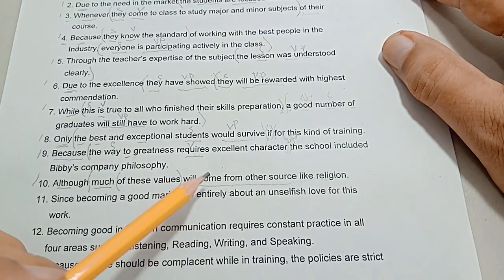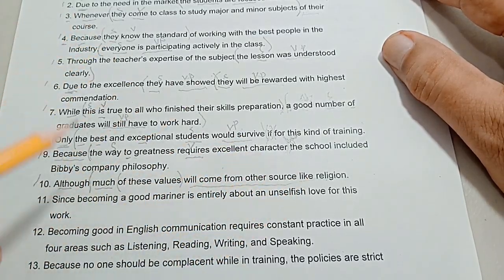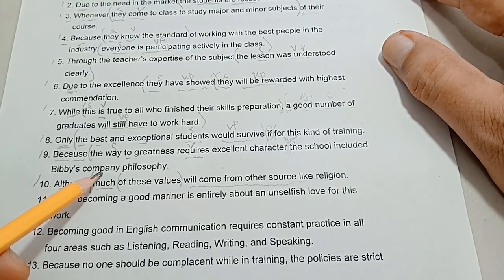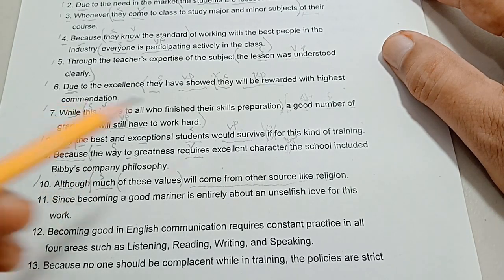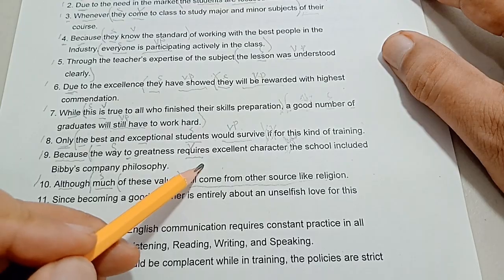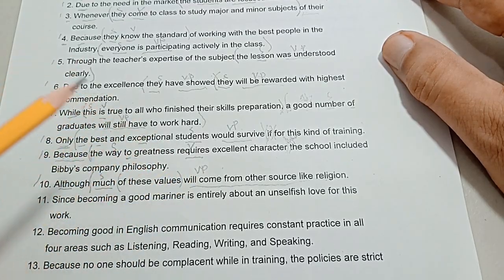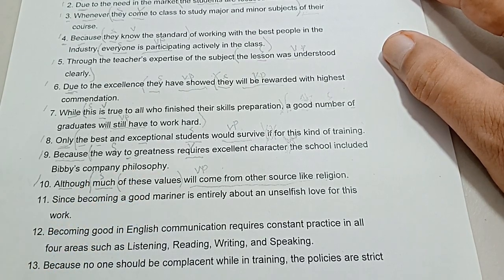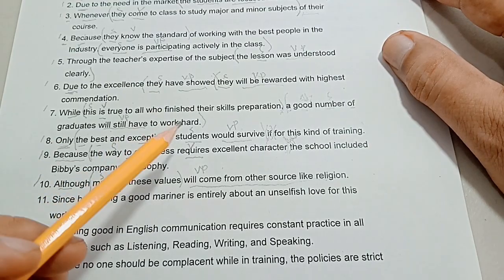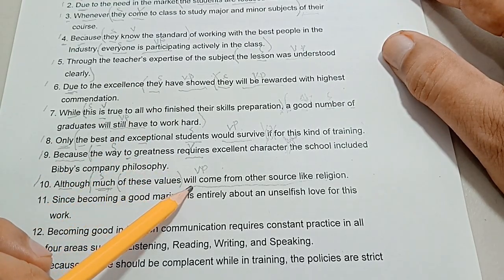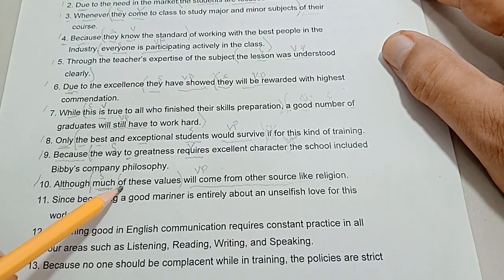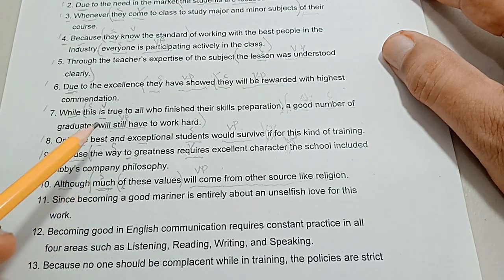Much will come from other source like religion. This becomes your subject, and then will come becomes your verb phrase. Okay? And this one is just a prepositional phrase. So, nakita natin na interrupted yung subject at verb ng prepositional phrase. Alright.